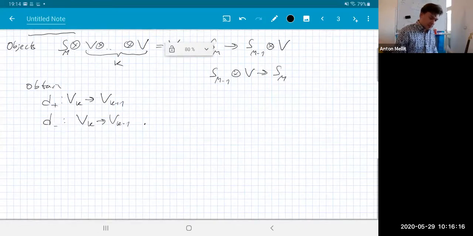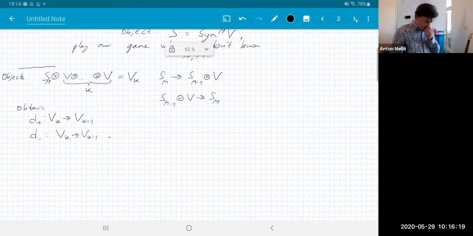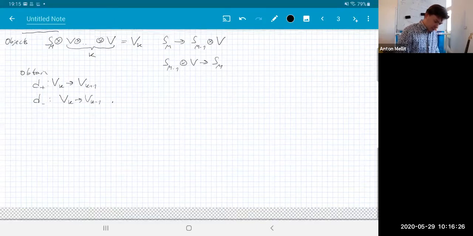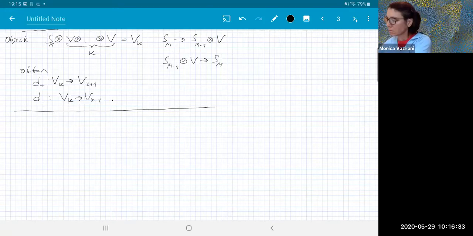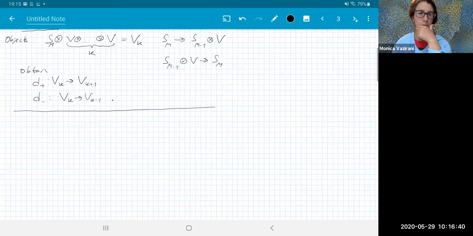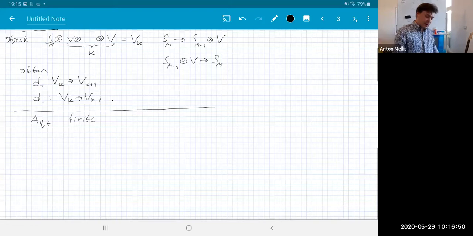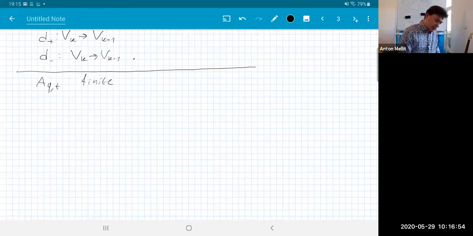In the AQT finite case, there is an important thing: we want to understand some algebras together with some module.